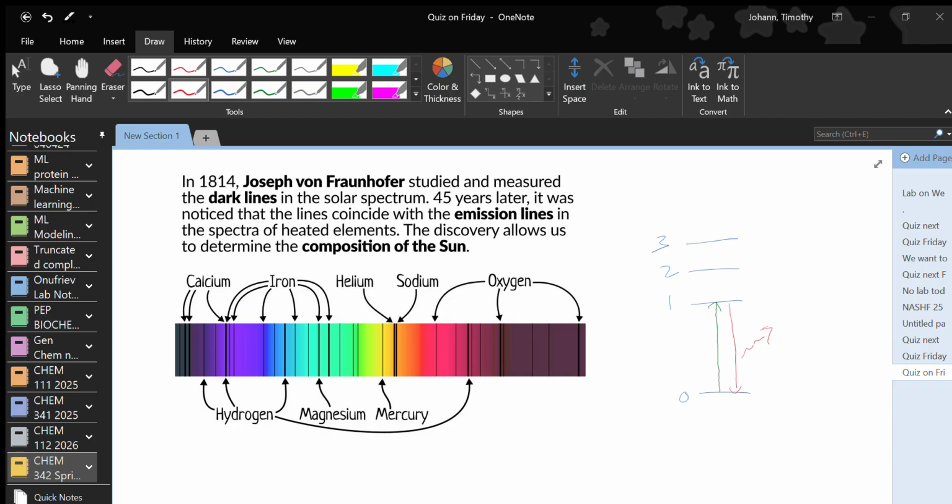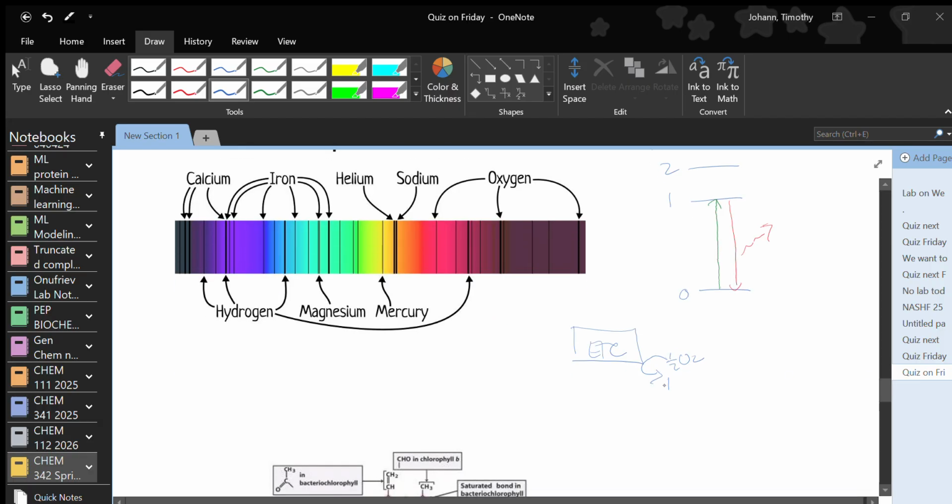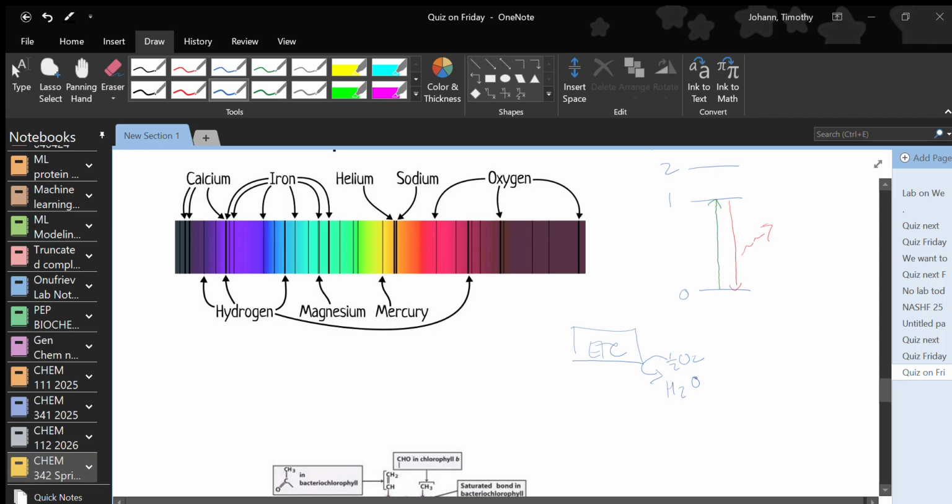Because remember, at the end of our electron transport chain, oxygen absorbed electrons, and it grabbed some protons to become water, right? And we know water is super stable with those electrons.